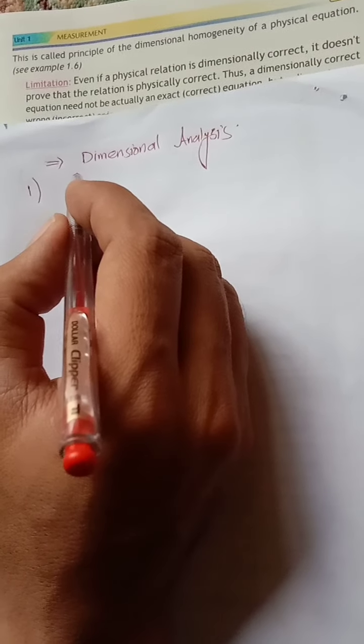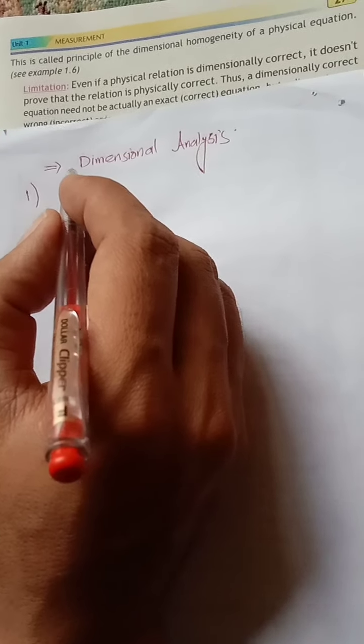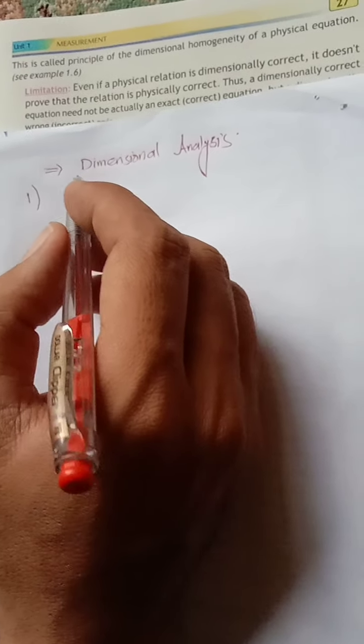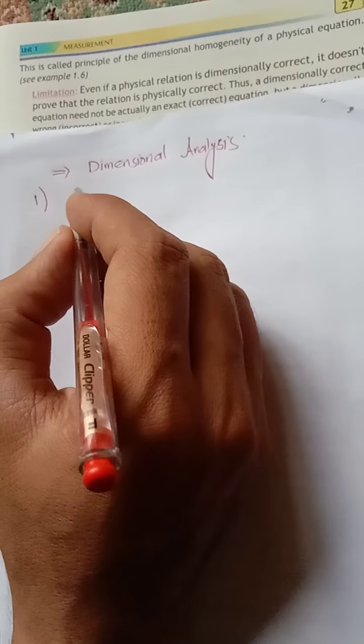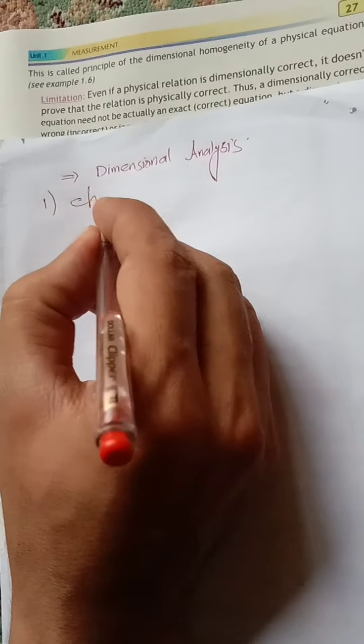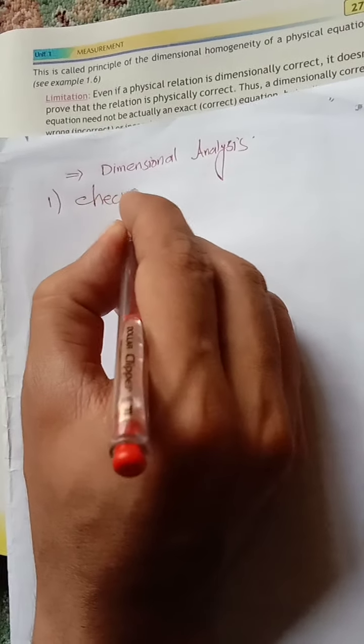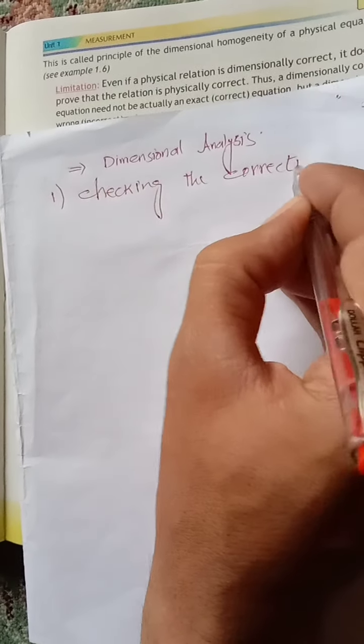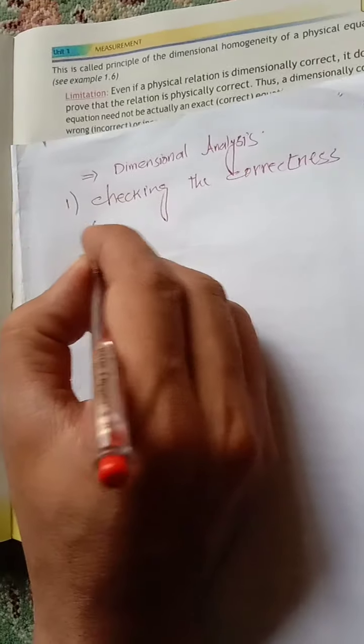First one is dimensional analysis helps us to check the correctness of any physical equation.